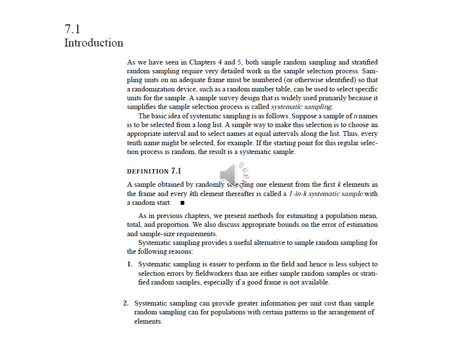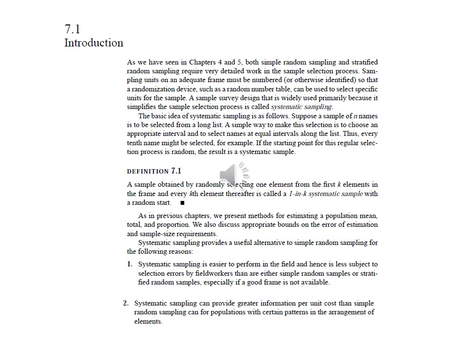A sample survey design that is widely used, primarily because it simplifies the sample selection process, is called systematic sampling. The basic idea of systematic sampling is as follows. Suppose a sample of n names is to be selected from a long list.